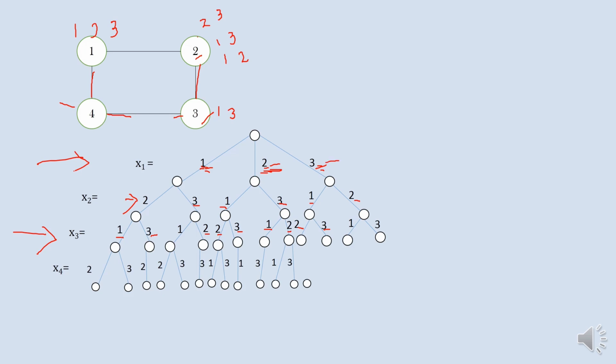Here we have x1 given the color 3 and x3 given the color 1. So out of the 3 colors, 2 have been used for the adjacent vertices of the vertex 4. So vertex 4 can be colored with only one color, that is the color 2. And the last case where x1 is given the color 3 and x3 is given the color 3.